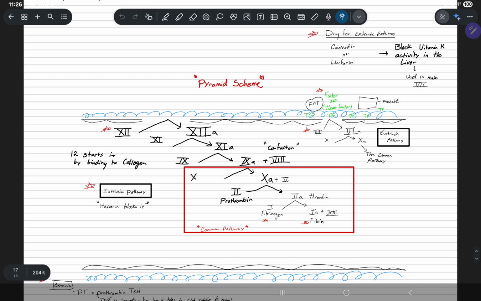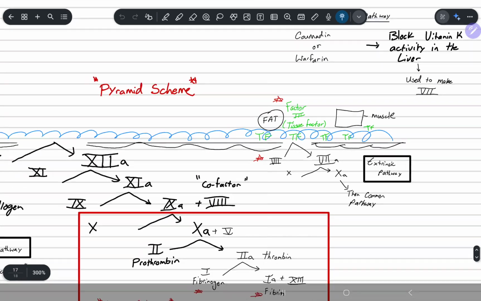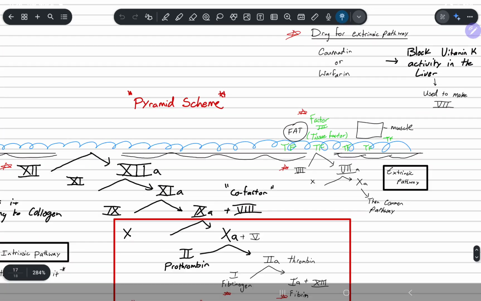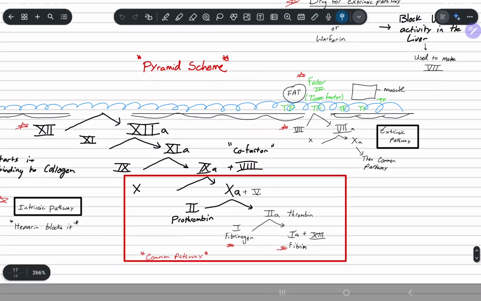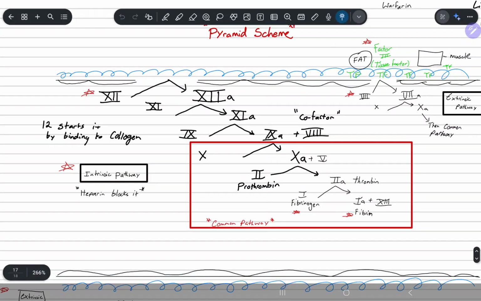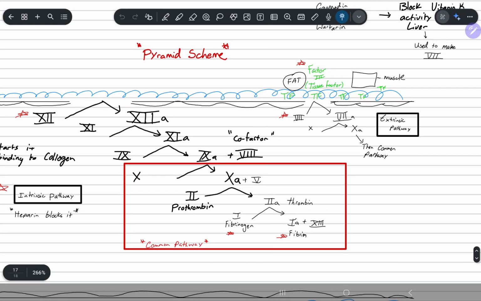And then when you move over to the extrinsic pathway, this one is started by tissue factor, and the intrinsic one is started by collagen, from the release of collagen from the opening of that hole out of the blood vessels, arteries or capillaries or wherever this leak is, in the organs or externally on the skin.